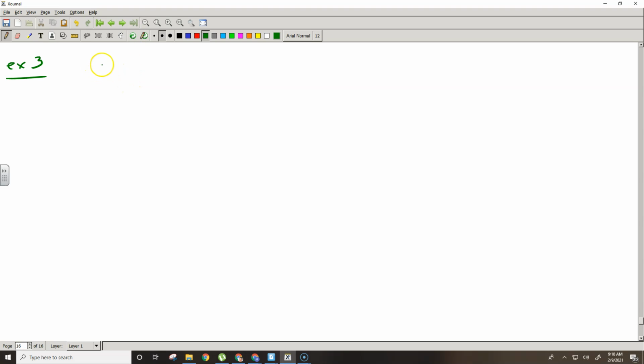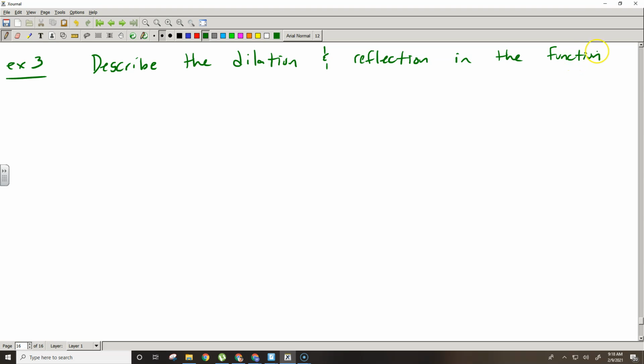And this one is going to be to describe the dilation and reflection in the function. Okay, and then we're also going to graph it. So then graph.